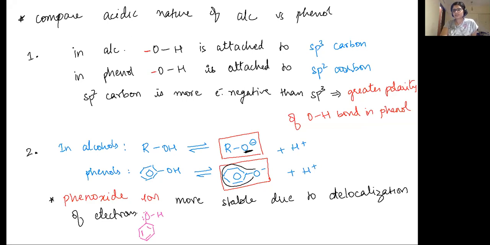I'm assuming that all of you know how to draw the resonance structures. You need to tell me, otherwise I will skip this. Okay, I'll move forward then, in that case.